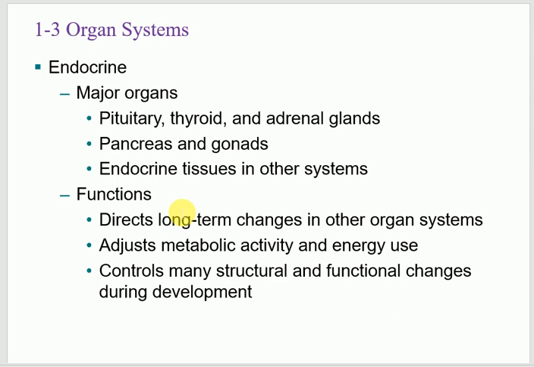Endocrine system, another management of the body. Nervous and endocrine system, both of them, this is a management of the body. The difference is nervous system, immediate control of the body. I touch something hot, I remove my hand right away, immediate action, nervous system.